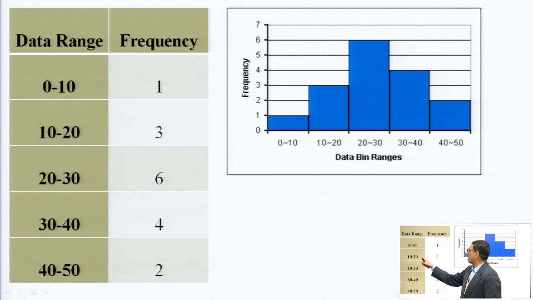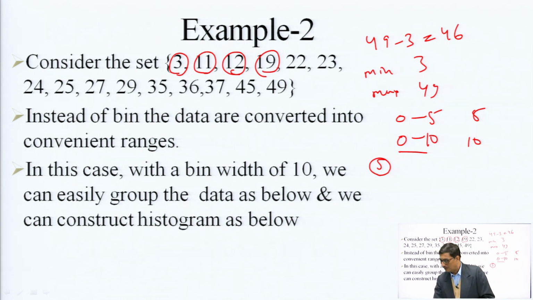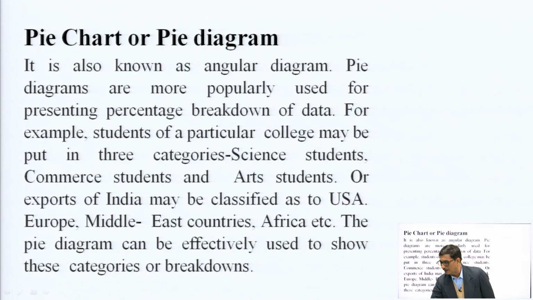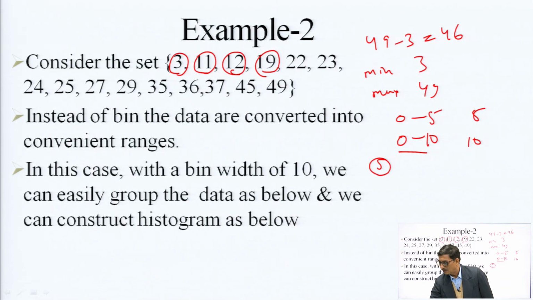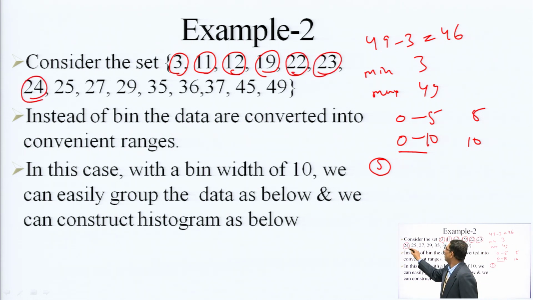In 10 to 20, the observations are 1, 2 and 3. These 3 observations lie between the class interval 10 to 20. So, for 10 to 20, the number of observations is 3. From 20 to 30, we count 1, 2, 3, 4, 5, 6.